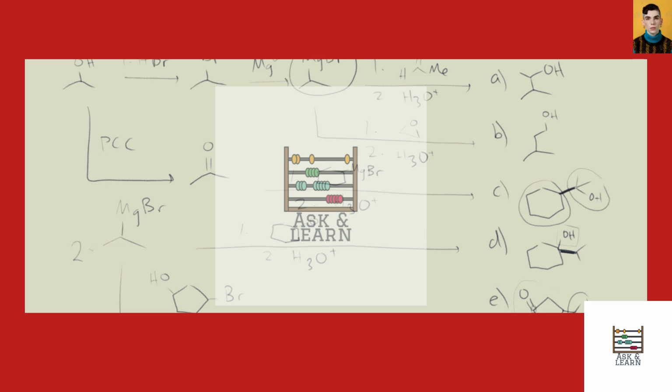The first equivalent would actually just deprotonate the alcohol. The second equivalent would actually attack and do an SN2 reaction at this point. After an acidic workup, we'll access this alcohol, in which now we can use PCC or some other oxidizing reagent to get to our final product.